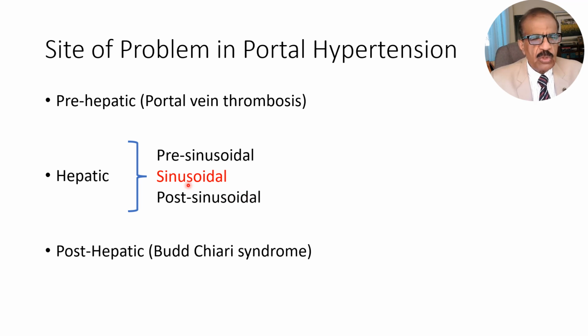Mostly in cirrhosis, it is the sinusoidal obstruction because of the changed architecture, because of multiple regenerating nodules, because of the fibrotic tissue. All these cause distortion of sinusoids, and that leads to obstruction, and that leads to portal hypertension.